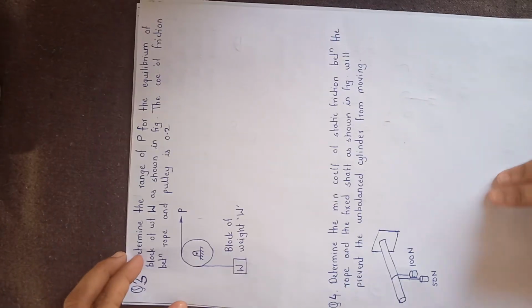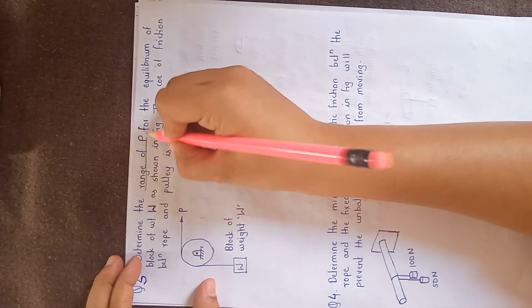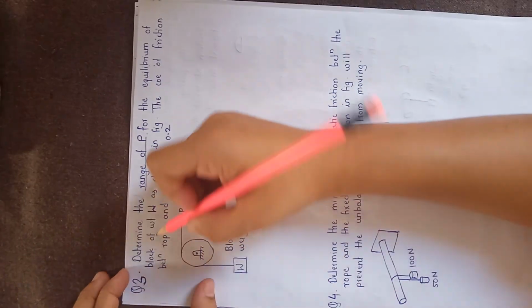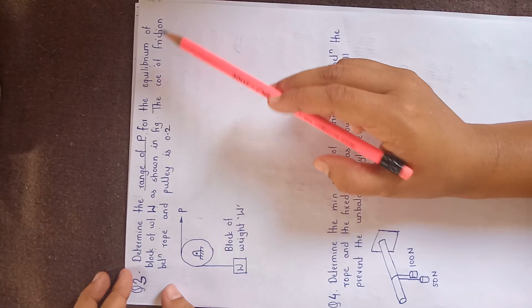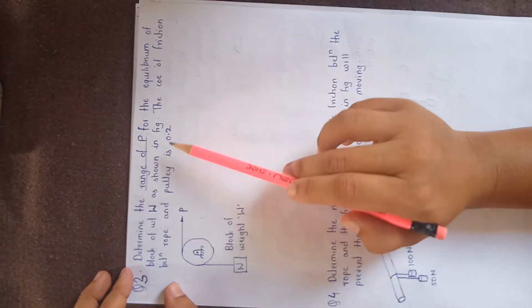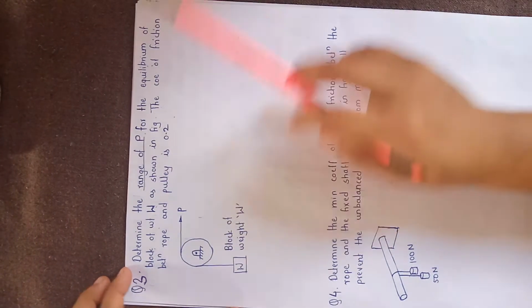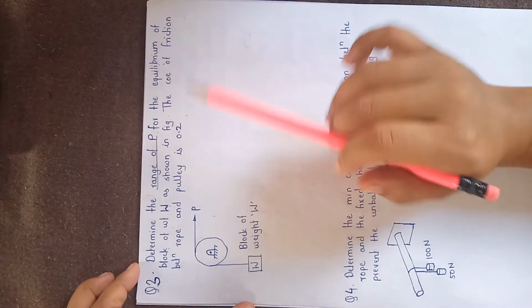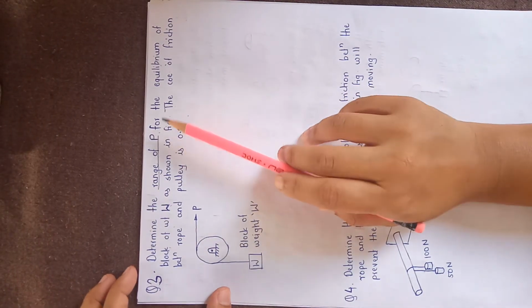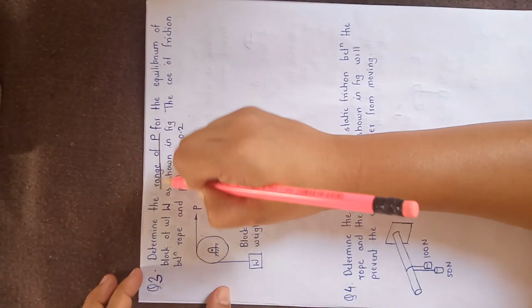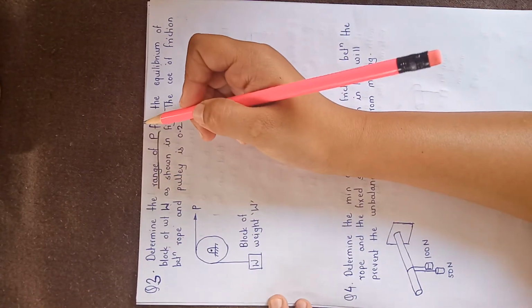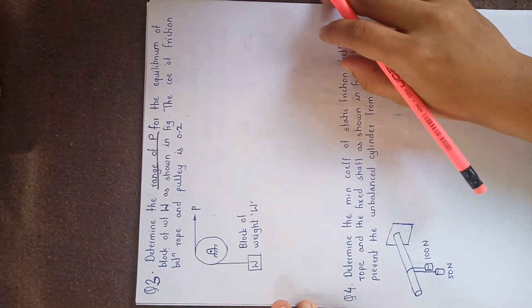Determine the range of P for equilibrium of block of weight W as shown in figure. The coefficient of friction between rope and pulley is 0.2. Here in this numerical, they asked us to find out range of P. Okay, so let's see.